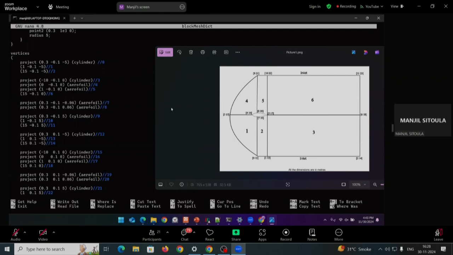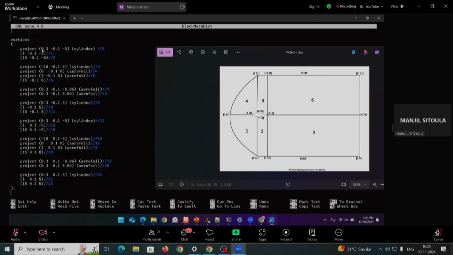We can directly use the edge of the cylinder and the airfoil. We have put 0.3, with zero in the z direction, as you can see by my cursor. This point vertex is being projected onto the cylinder here, at x equals 0.3.